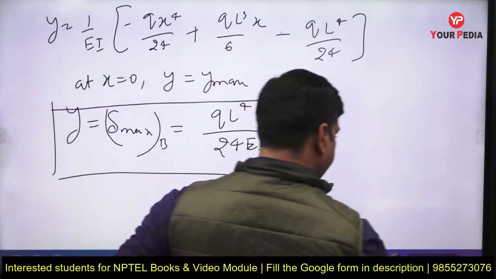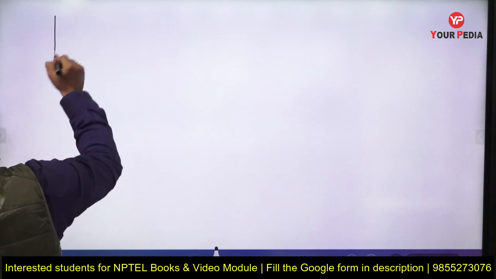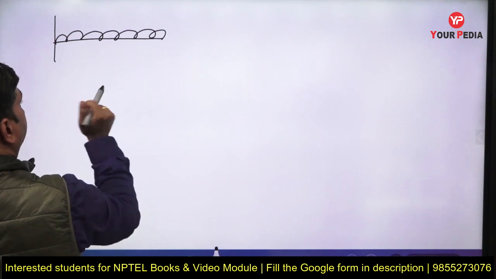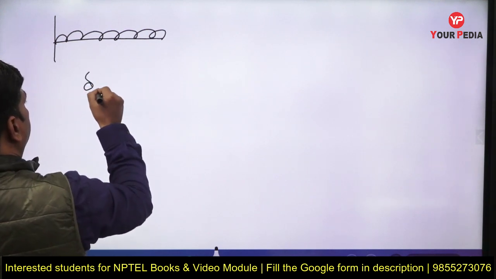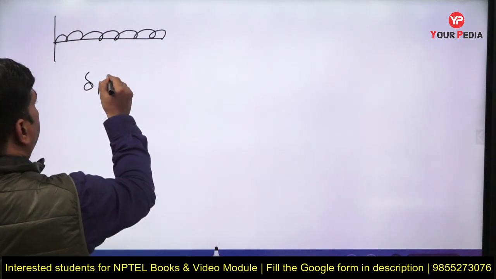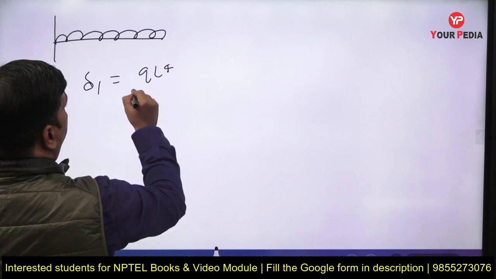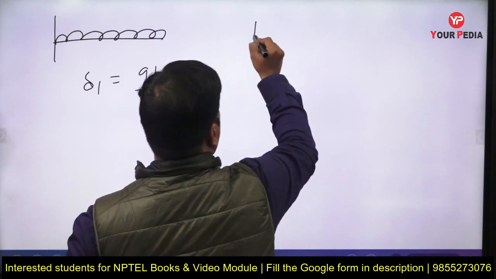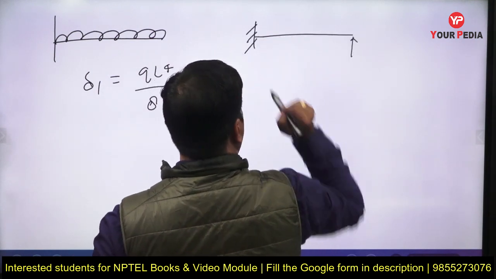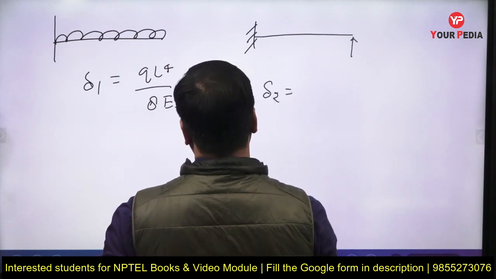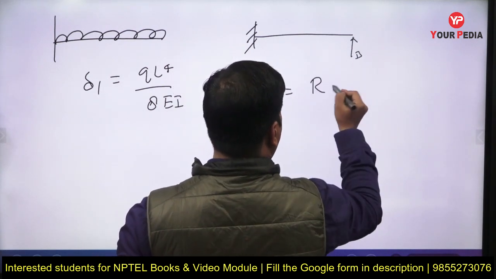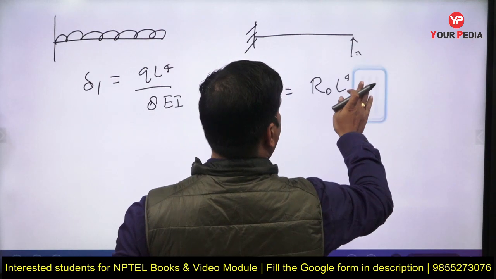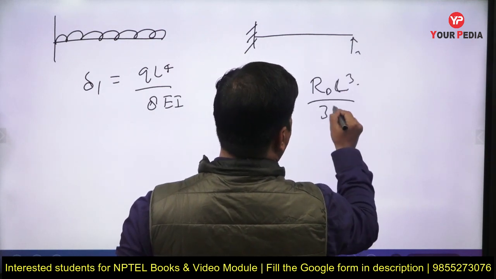Now what will we do? We are able to find the value of this deflection, delta 1 equals q L to the power 4 upon 8 EI, whereas when we apply the load at the fixed end, delta 2 equals RB into L cube upon 3 EI.